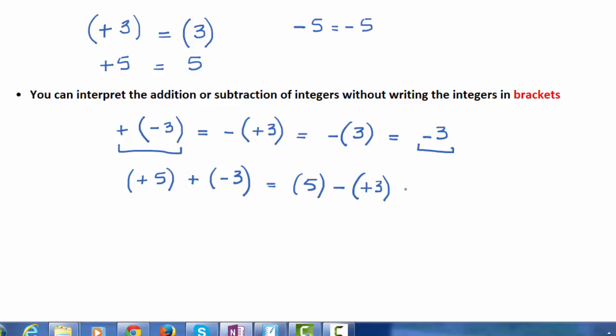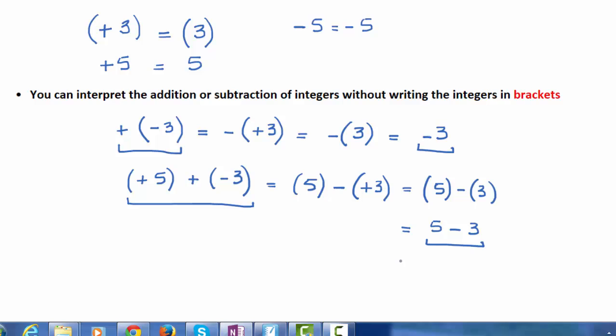Again, this positive 3, I don't need it, so I can write 5 between brackets minus 3. Do I need this bracket now? No, I can switch it to 5 minus 3. Can you imagine the beginning was more complicated with brackets and very long? Now it's exactly like 5 minus 3. This is simpler. So why don't we use something like that? That's why we are saying this lesson is more advanced.